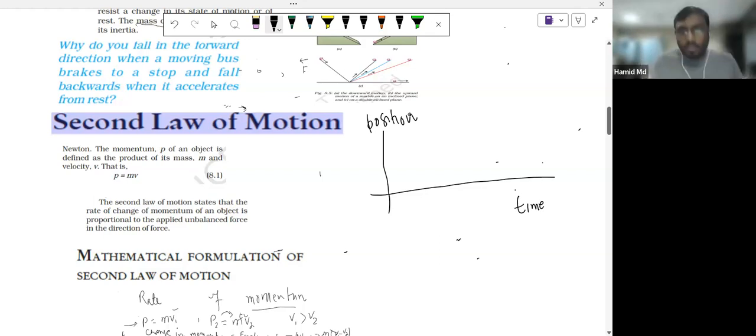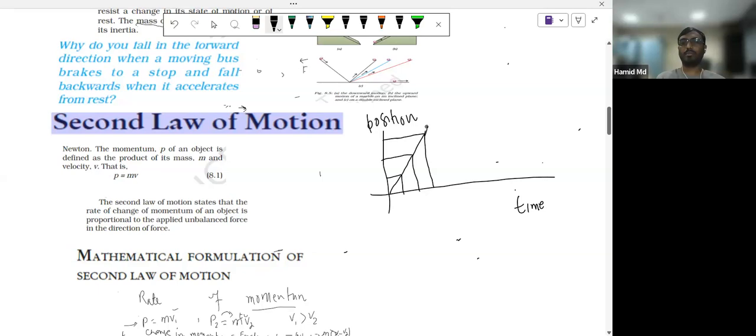Yes, sir. See, I'm drawing this straight line. This straight line travels equal distance in equal time.